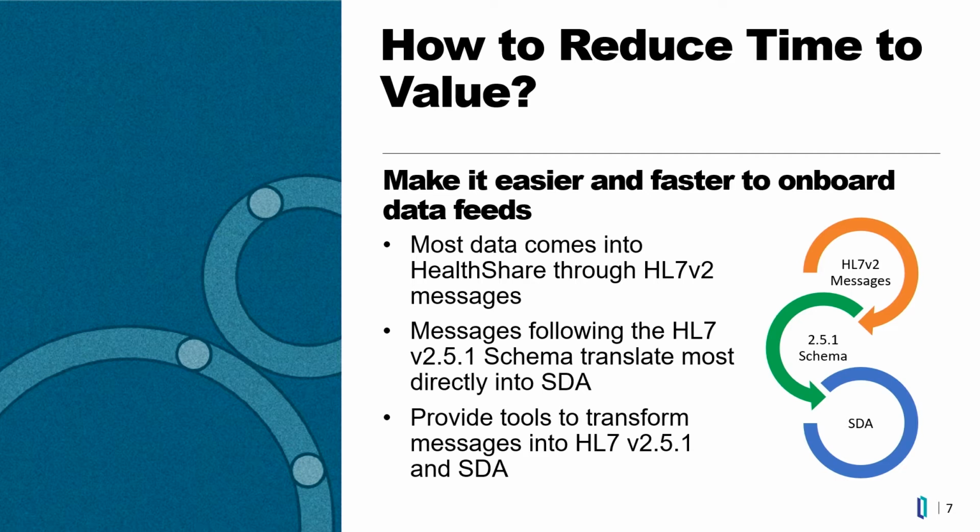So we want to provide tools that, one, get those HL7 messages to follow the 2.5.1 format. Our professional services team is working on a set of out-of-the-box DTLs for that piece. And we also want to bring visibility into what that transformation looks like into SDA. And that's the piece that my team has been working on.